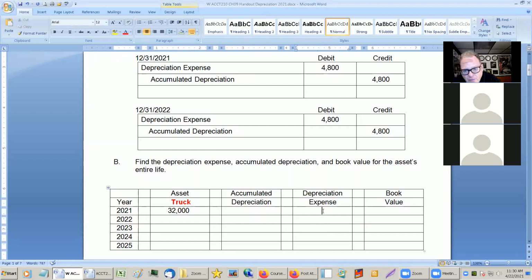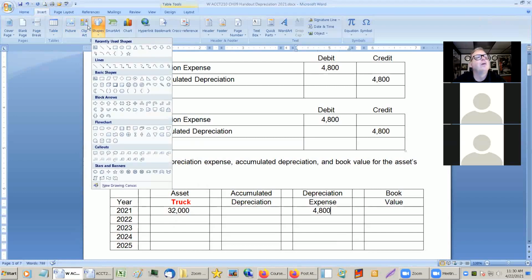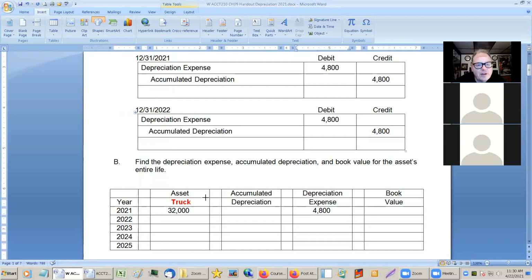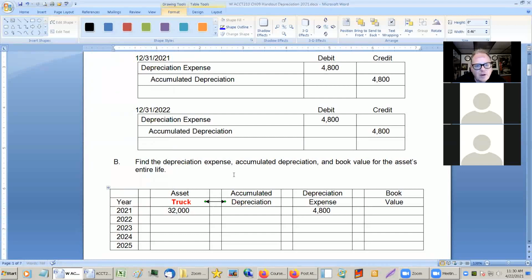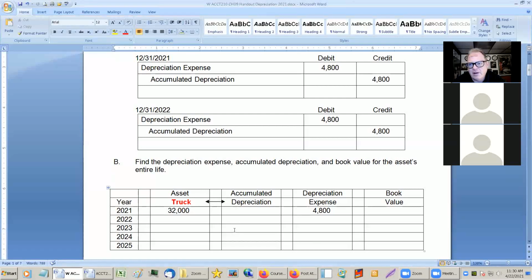And the depreciation, I should have switched these around. The depreciation expense should be $4,800. These two accounts are kind of connected, so they'll go together forever.